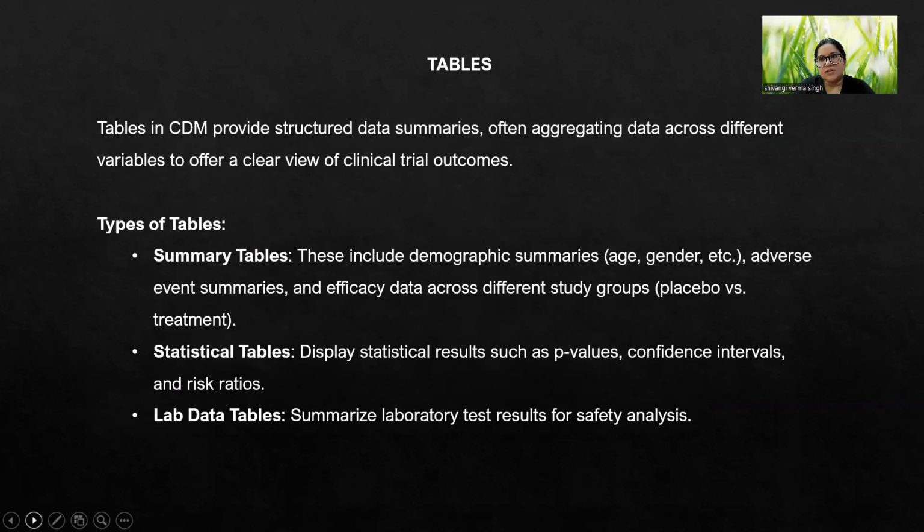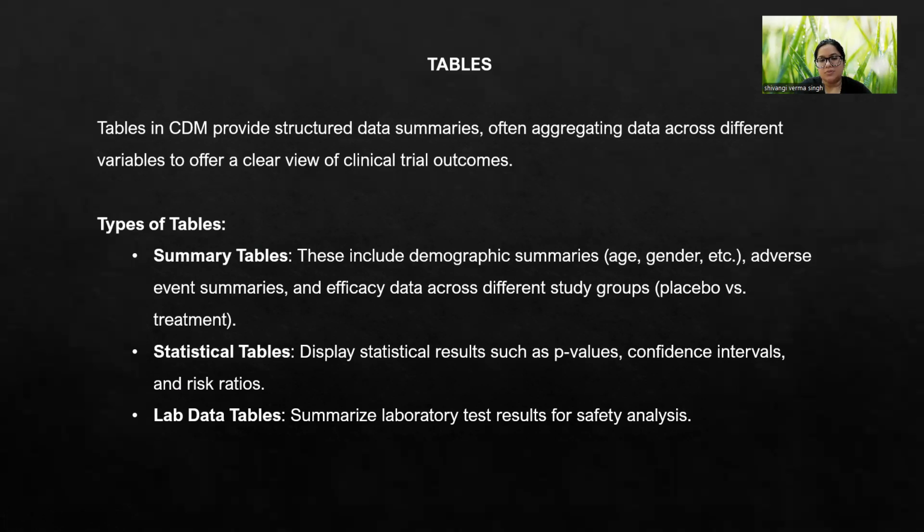Firstly, we'll discuss what is the use of tables. Tables in clinical data management provide data summaries, often aggregating data across different variables to offer a clear view of clinical trial outcomes. There are different types of tables used. Summary tables, including demographic summaries such as age and gender, adverse event summaries, and efficacy data across different study groups like placebo or treatment groups.